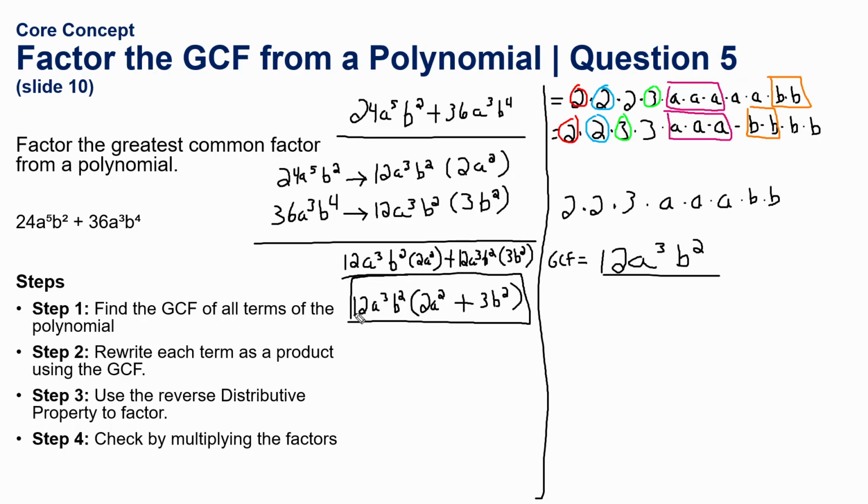Now again, if I checked by multiplying the factors, you could take 12a to the third power, b to the second power, and multiply it in. 12 times 2 is 24. And then the 3 and the 2 adding together gives me a to the fifth power, b to the second, plus 12 times 3 is 36, a to the third power, and then b to the second times b to the second becomes b to the fourth.